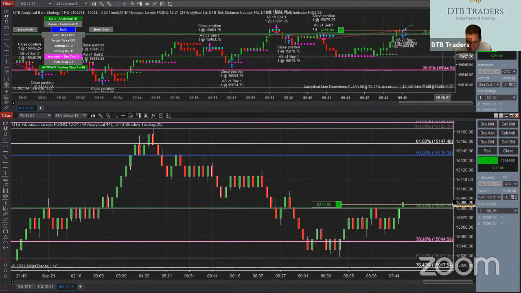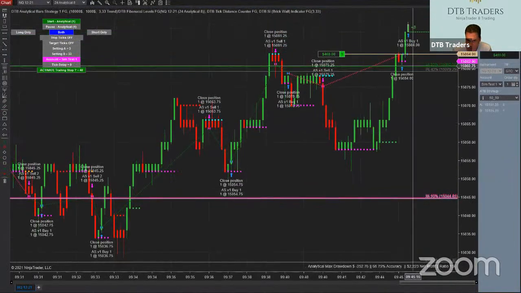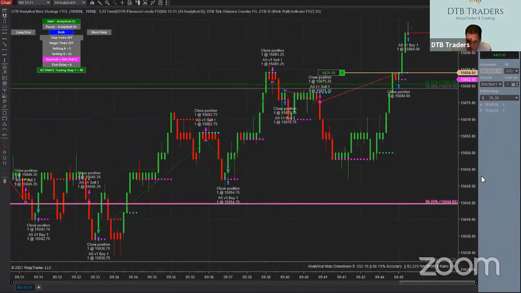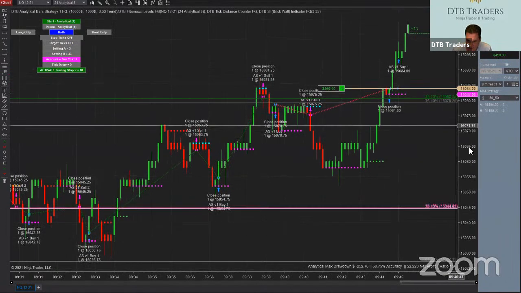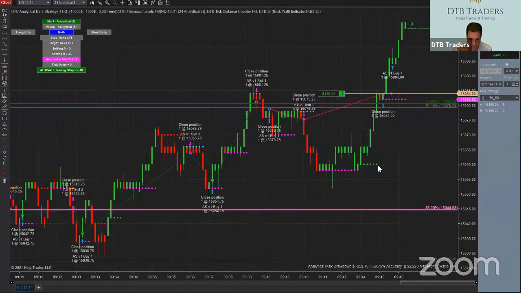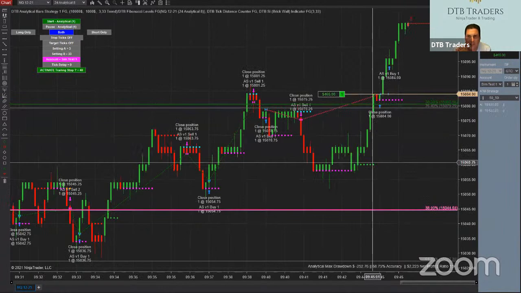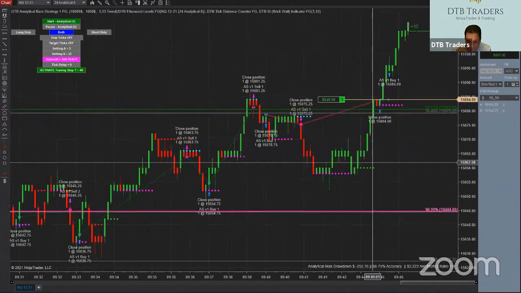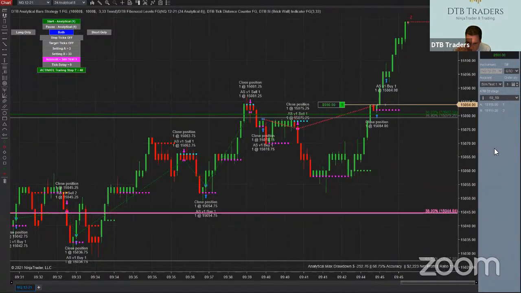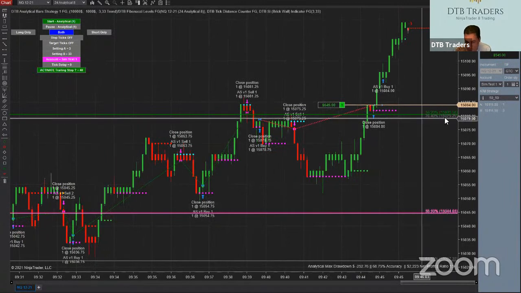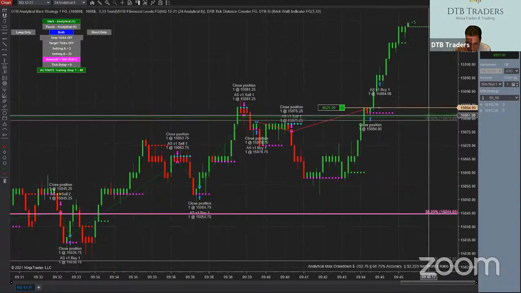Let's have a look at our trading chart. Okay, so our trading chart is in a position right now. That's our first position from our trading chart, and it's up. Yeah, that's our very first position that it's entered in. So look what happened once that price broke that 38.2.